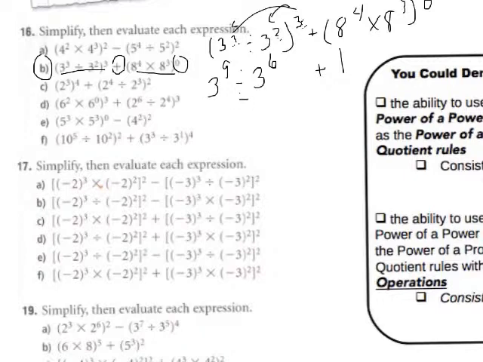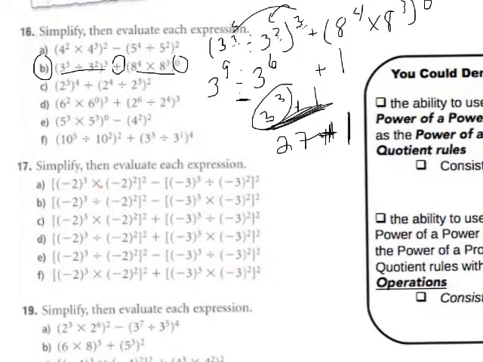Then we're dividing. So the quotient rule says when the bases are the same, we can subtract. We're going to get 3 to the power of 3 plus 1. And this whole part is your simplification. Then you'll figure out what 3 times 3 times 3 is, which is 27. We're going to add 1 to it. And we should get 28.